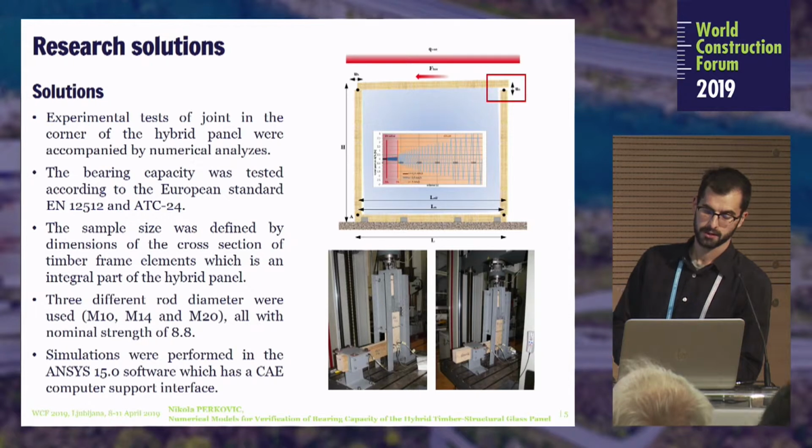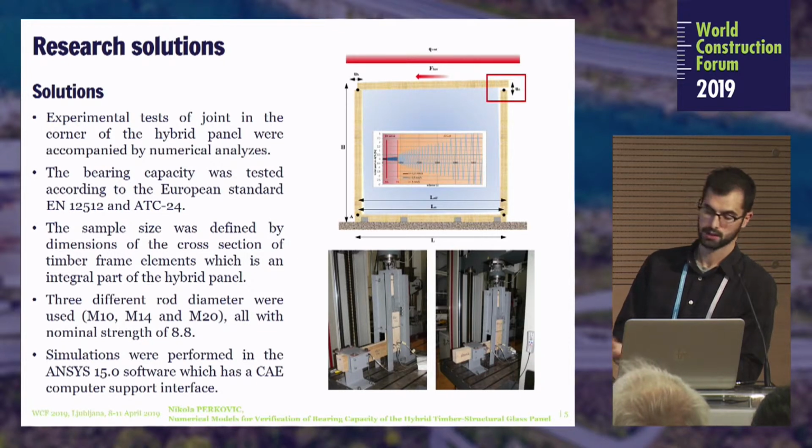We did experimental tests of joints in the corner according to the European standard, and the sample size was the same as in the real panel, defined by the cross section and the depth of the glass. We used three different rod diameters, 10, 14 and 20, all with a nominal strength of 8.8.